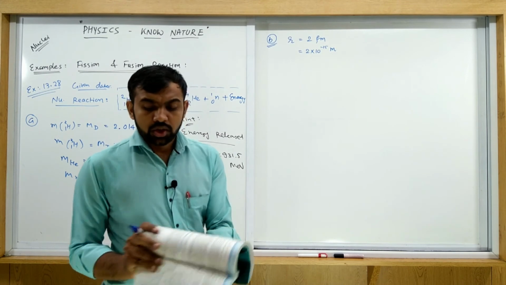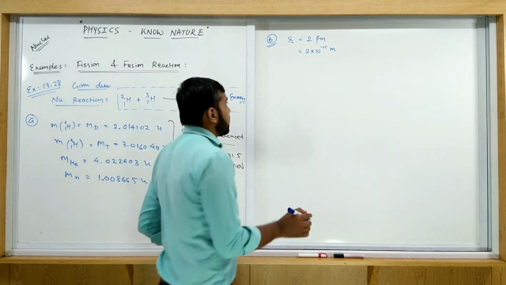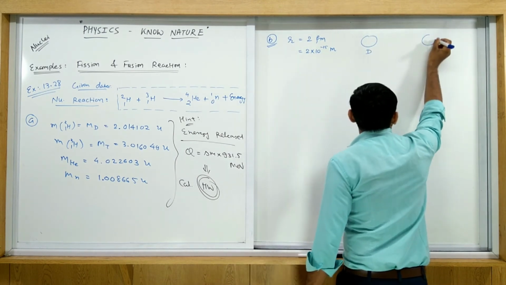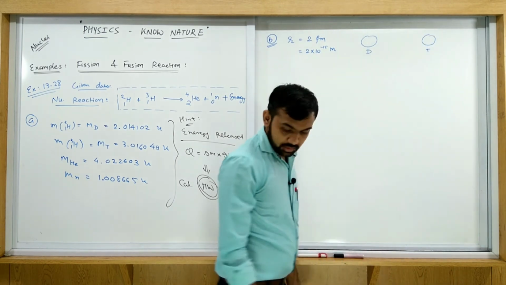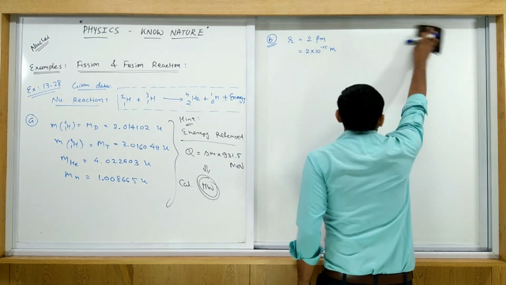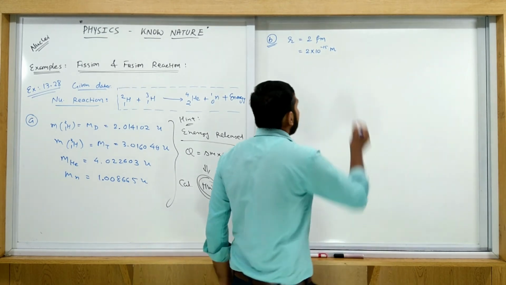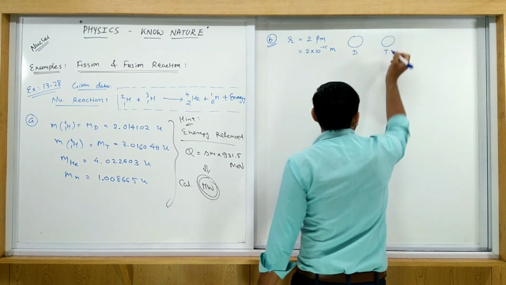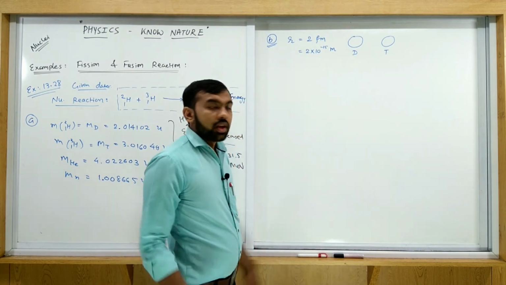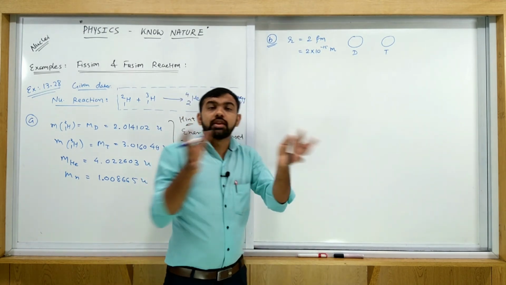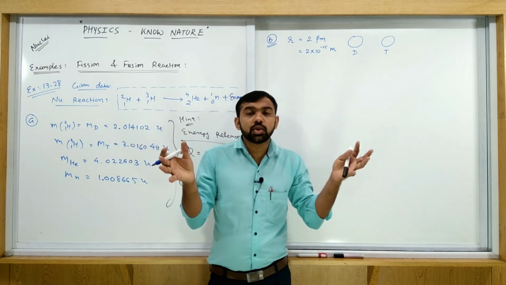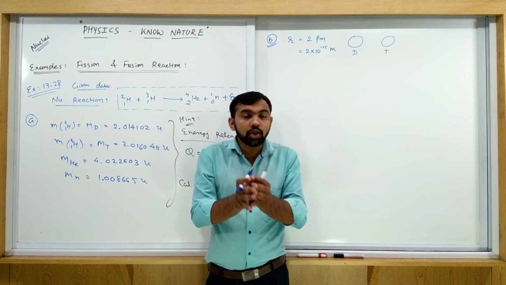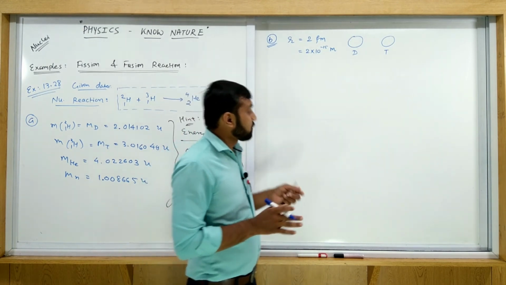Again there are two questions. The first question is what is the kinetic energy required? Suppose you consider that this is a deuterium and that is a tritium. Now if they are to fuse with each other, these two nuclei must come very close to each other, as we discussed in the theory, to overcome this repulsive force.